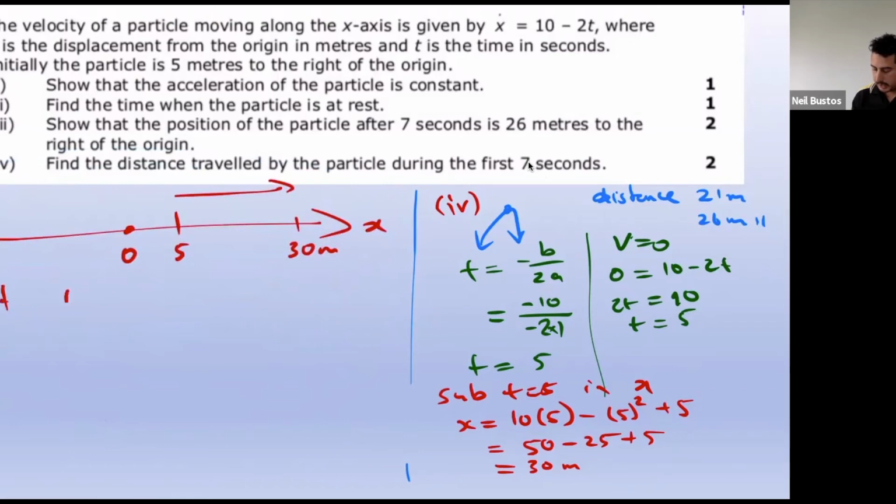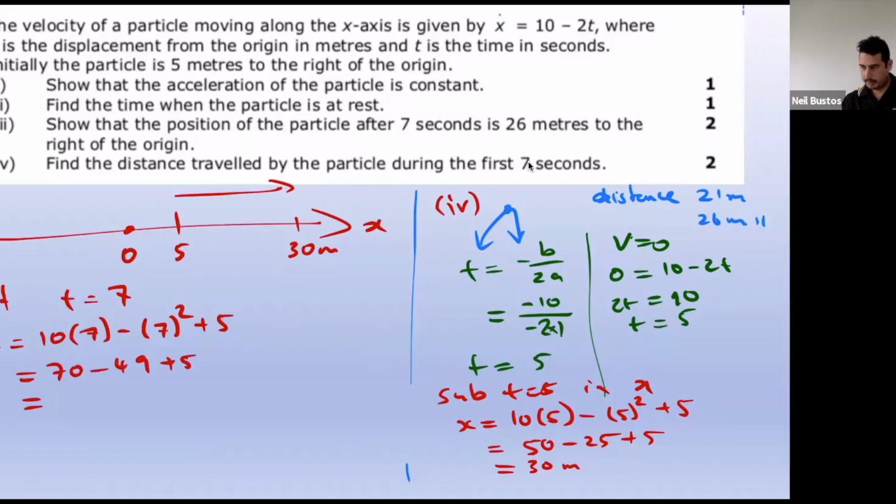at t equals 7. Where is it? Okay. So let's go x equals, and let's substitute into our displacement formula again. That's 70 minus 49 plus 5. So 70, is that 26?